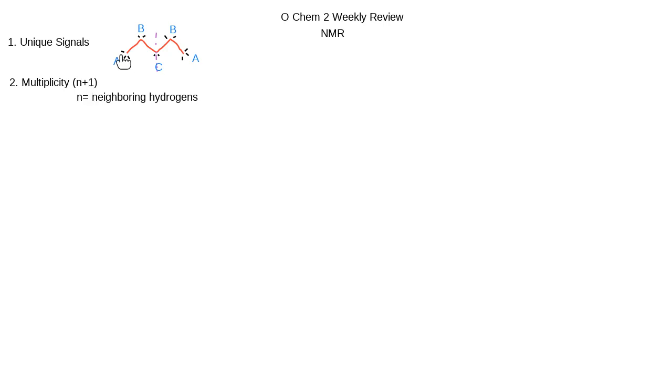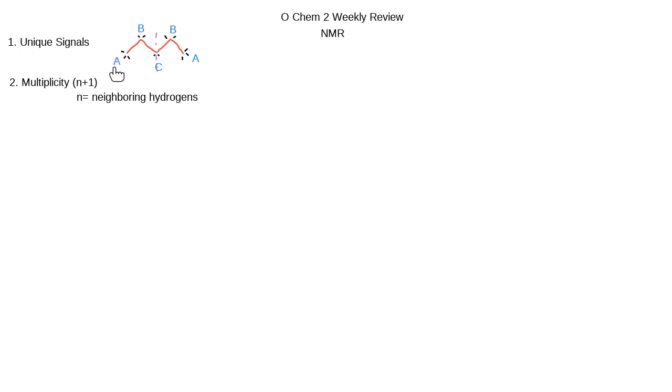Okay, for example, if we are looking at a set of signals, so the signal of the A hydrogens is nearby the B set of hydrogens, and B has 2 hydrogens neighboring A. Okay, so we would add 2 for our N +1, and we'll get our multiplicity of 3.